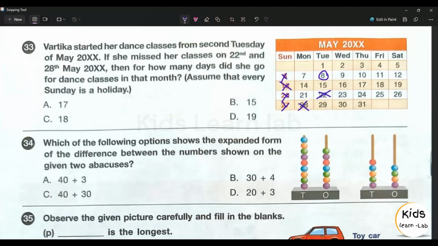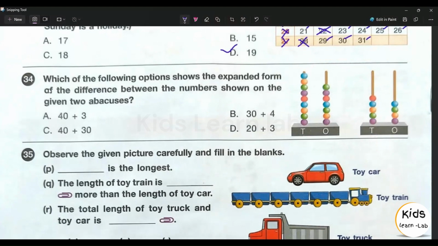Sundays are crossed out. 1, 2, 3, 4, 5, 6, 7, 8, 9, 10, 11, 12, 13, 14, 15, 16, 17, 18, 19. So option D is the right answer.